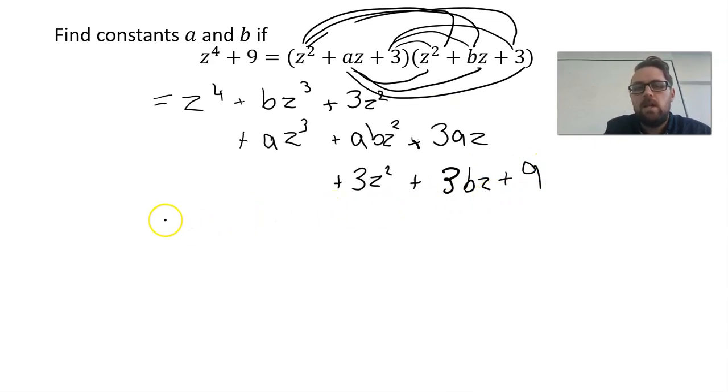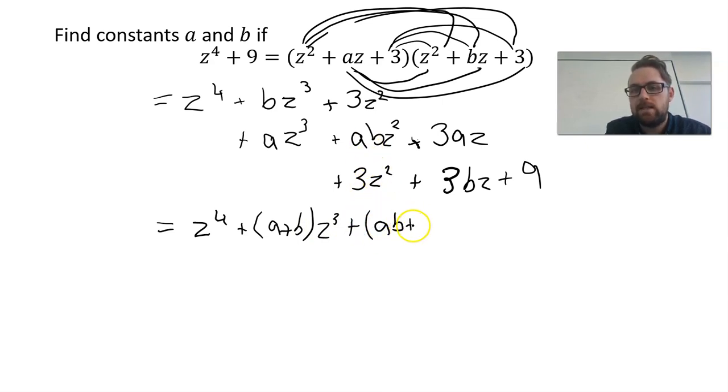Now because we've grouped them in terms of the powers of z, we can just add them vertically. If I do this, we've got a total of 1 z to the power of 4, plus a plus b, lots of z cubed, plus ab plus 6, lots of z squared, plus 3a plus 3b, lots of z, and finally plus 9.